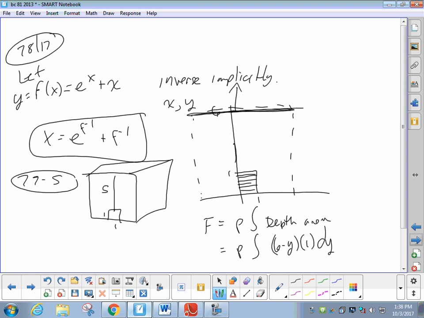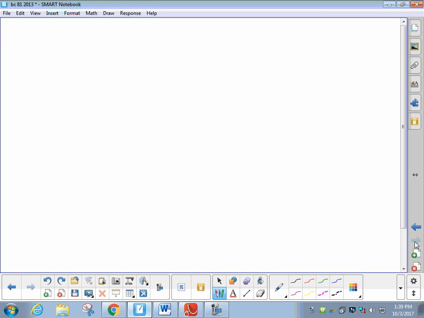The only other thing is the limits of integration. 0 to 1 or 0 to 6? 1 to 6? That's the question. Okay. You're calculating the force where? Against the door. So you should be limiting it to just where the door is, which is 0 to 1. Okay? And I don't know what the rho is, but you can work that out. Okay, does that make sense? That was a weird one, I agree.